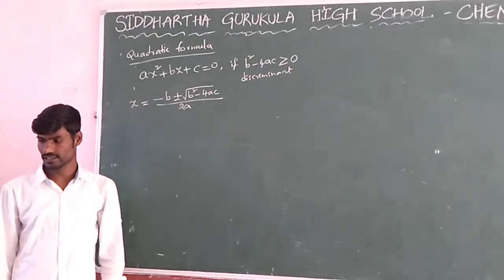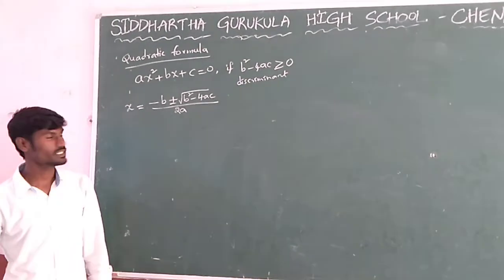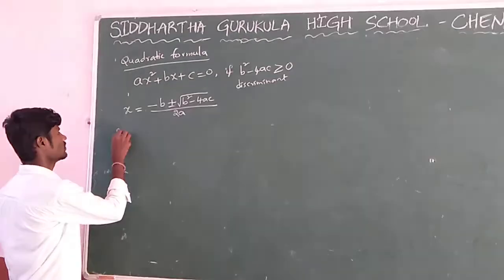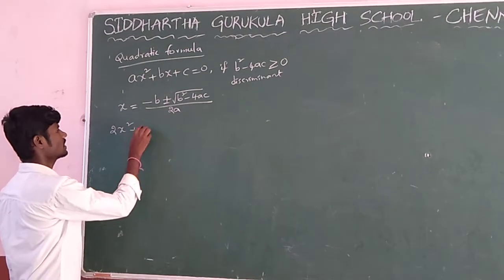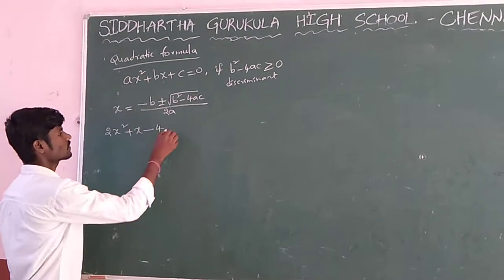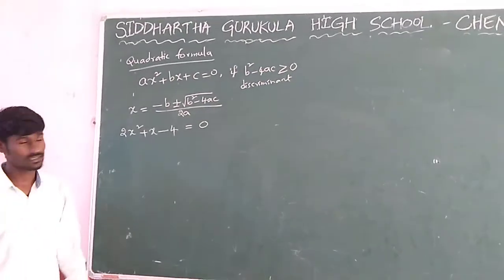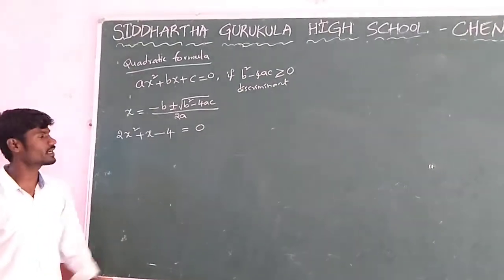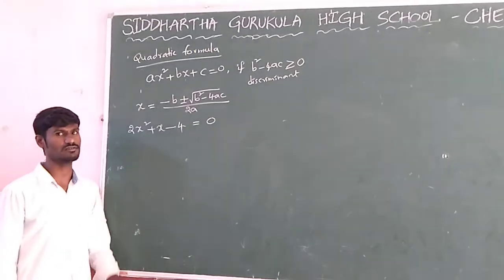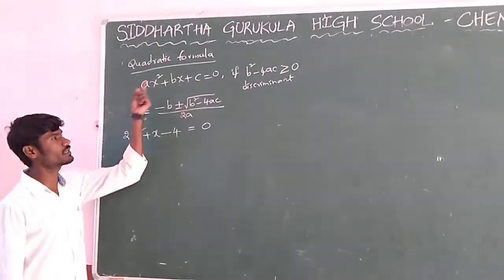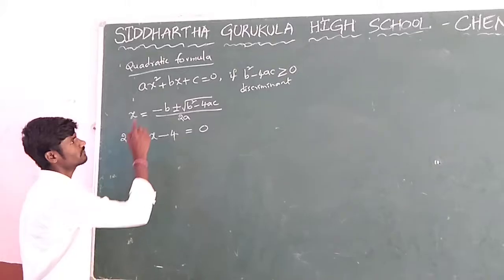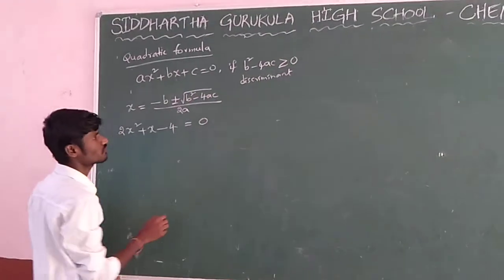So how can we find it? Let us take one problem. I am taking 2x square plus x minus 4 equals 0. Find the solution of this quadratic equation by the quadratic formula. First we have to find the b square minus 4ac value.